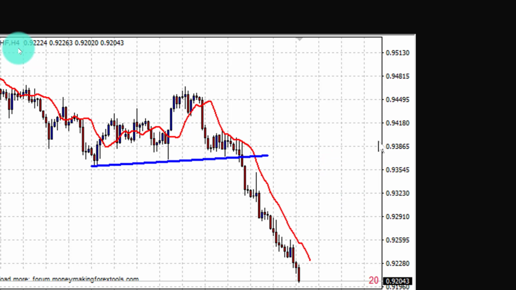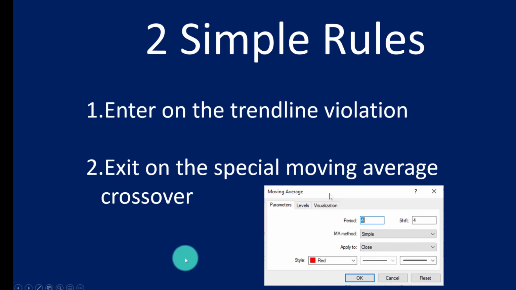Do a few reviews of the 1 hour charts, do a few reviews of the 4 hour charts, the daily charts, and use numerous currencies, and you'll see that this technique has so many benefits on so many time frames and on so many currencies. So just to summarize again, this is an incredibly simple technique. All you do is you enter on the trend line violation and you exit using the special moving average crossover. Extremely simple technique for the most basic beginner.